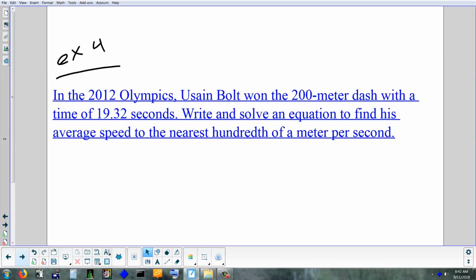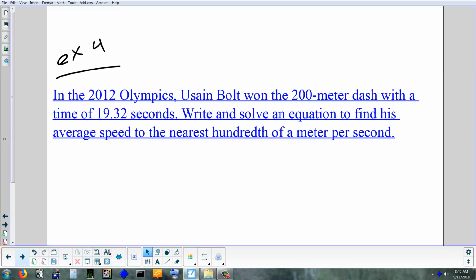So first thing, does anyone know the equation that has distance, rate, and time in it? If not, we're going to learn it right now. What's the formula that has those 3 things in it?